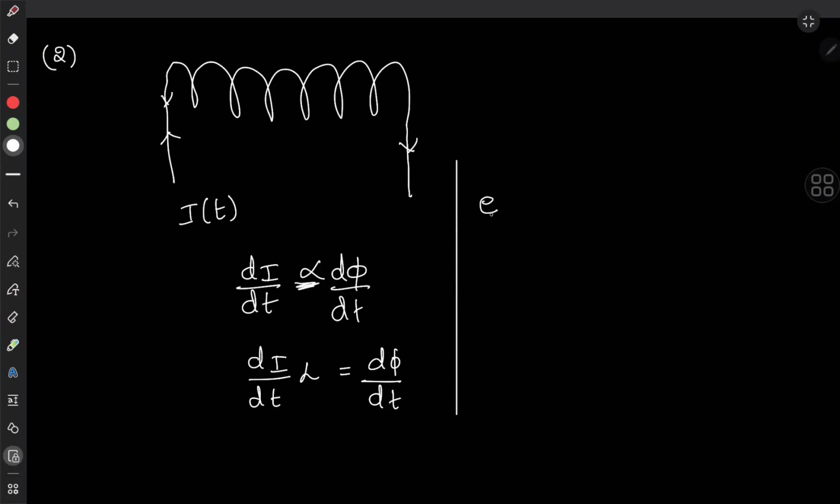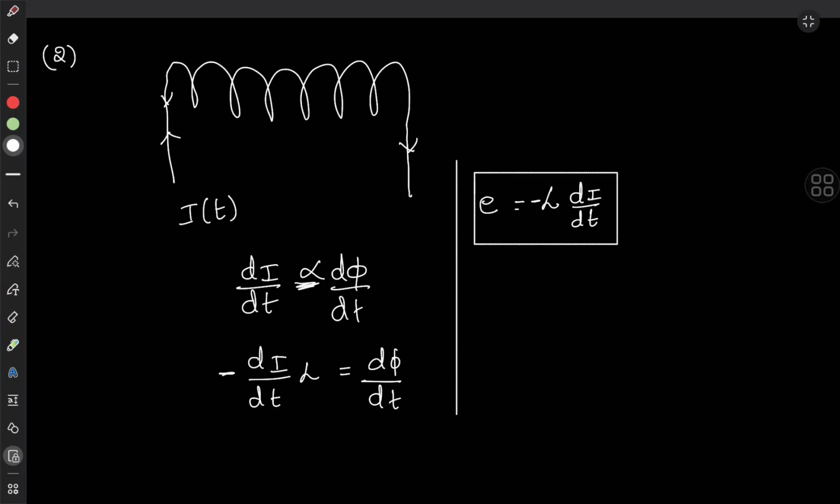Opposes means we have to consider the opposite sign. So we can write minus L into di by dt. This is going to be the induced EMF.